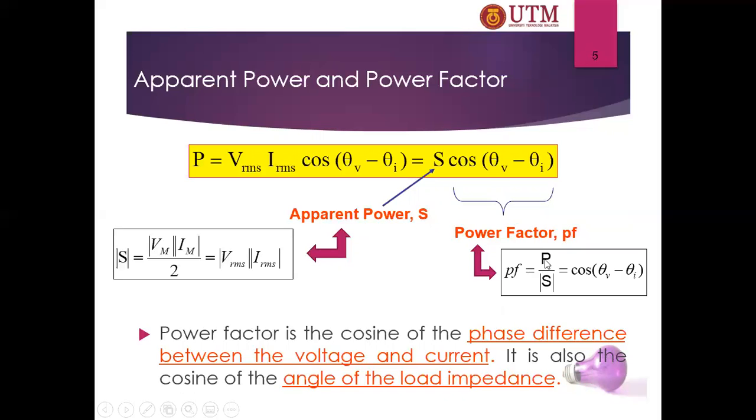There are three ways to calculate the power factor. The first is to get the difference between the voltage and current phase angle. The second is by looking at the load impedance value. And the third is by using this relationship: the power factor is equal to P over the apparent power.